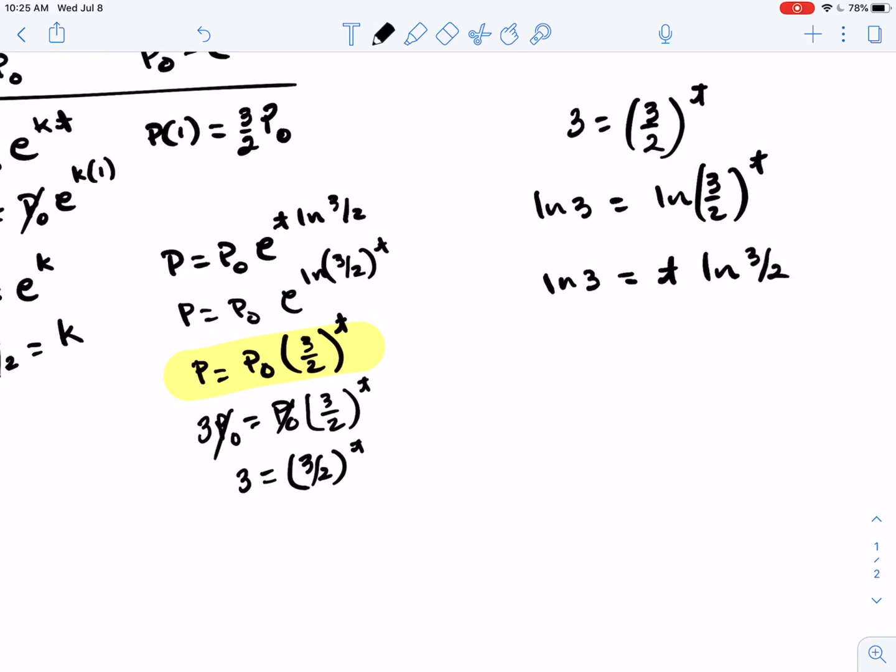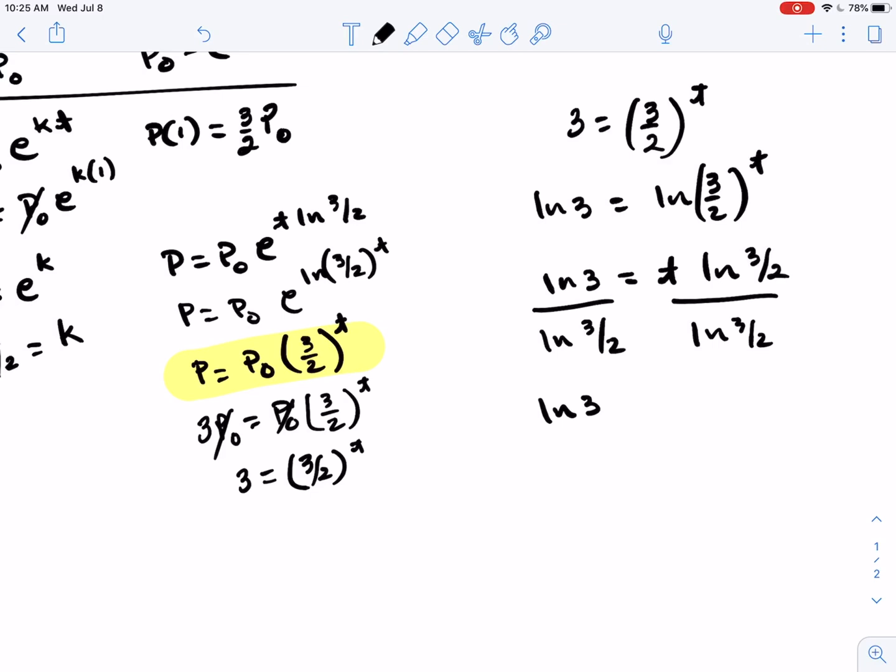All right, and then my next step, I can divide by ln 3/2, divide by ln 3/2, and I'll get ln 3.